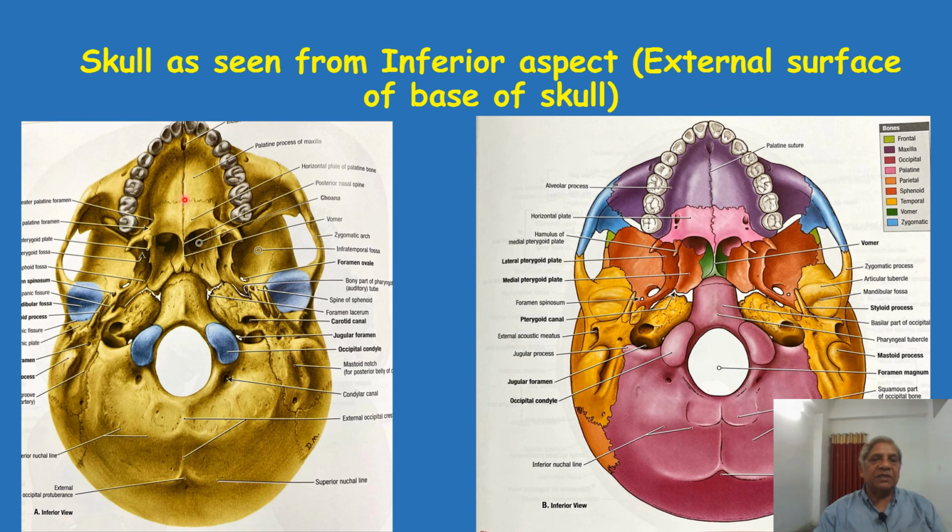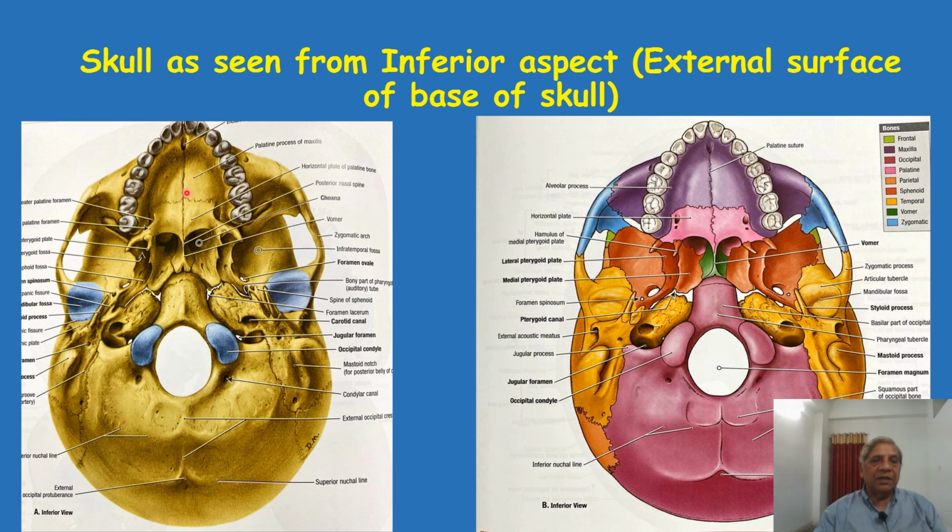This is the intermaxillary suture, or suture between the two palatal processes of the maxilla. This shelf-like projection from the right and left maxilla meets in the midline. That is the intermaxillary suture or interpalatine suture in the midline, and this is the alveolar process of the maxilla which bears the teeth. The alveolar process is spongy bone.